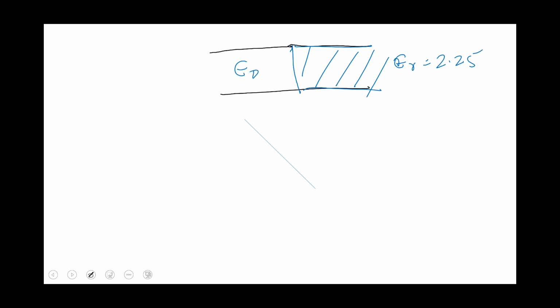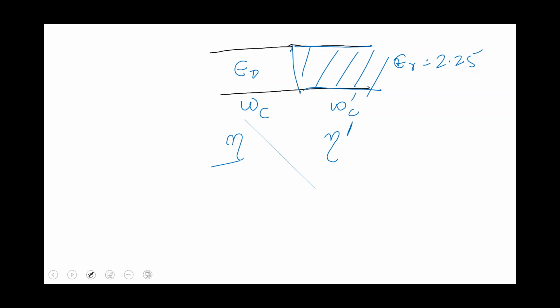So once you go to a different material, your cutoff frequency changes. Again, remember the cutoff frequency is given by 1 by square root of mu epsilon, times the square root of (m pi by a) squared plus (n pi by b) squared. So the cutoff frequency here and the cutoff frequency here are going to be different. And if the cutoff frequency is different, then eta here is going to be different than eta prime.